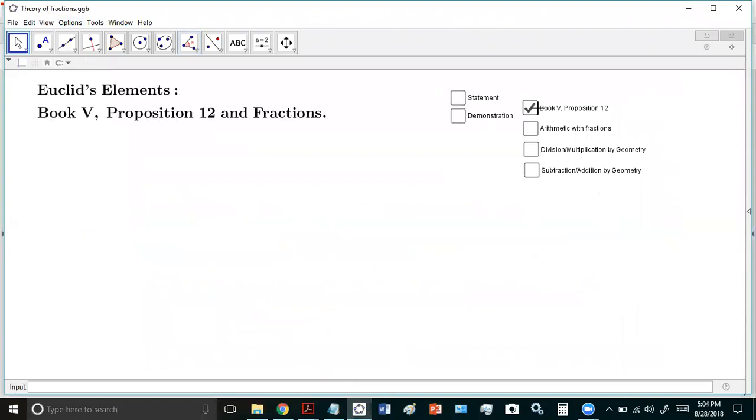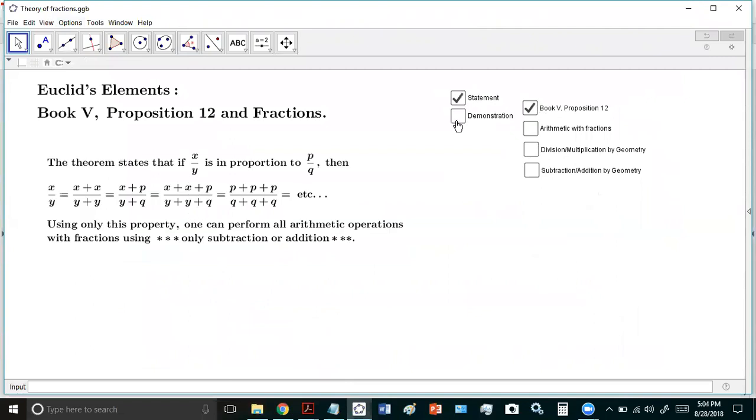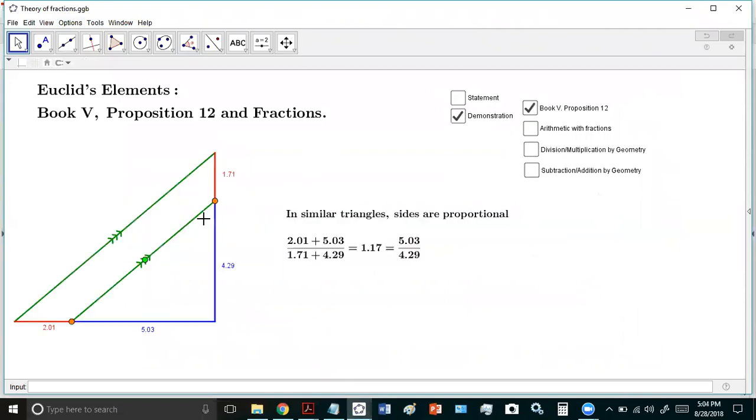Yes. Now, this is a statement of the theorem, and you can demonstrate it by showing that no matter how much you subtract from this length here going this way or that way, the ratios will still be equal. The proportionate ratios will be equal. And you can study this proposition on your own to see that it's true.